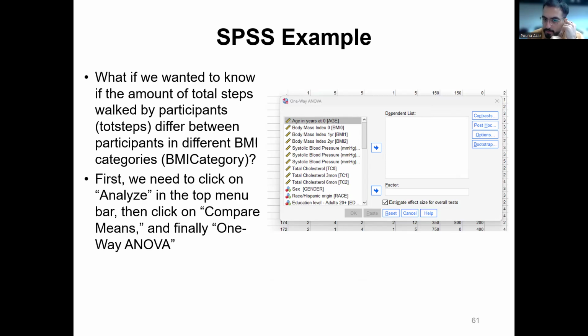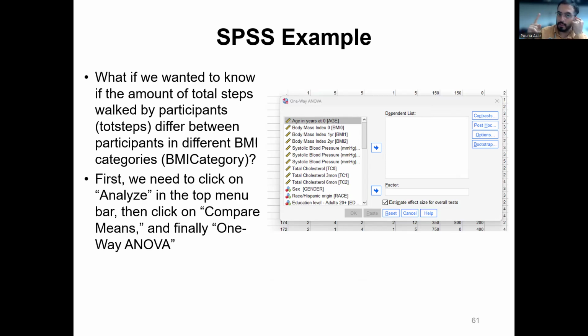BMI categories can have 3 or 4 categories or groups. We can have normal BMI, overweight, and obesity, for example. Let's say we have 3 BMI categories, so we have 3 groups. Our dependent variable is total steps walked by participants, and that is total steps in SPSS.